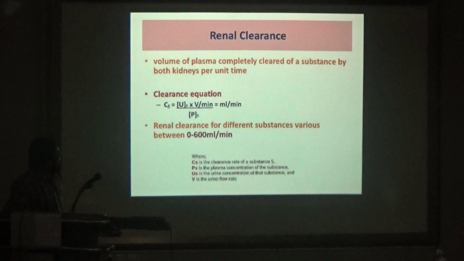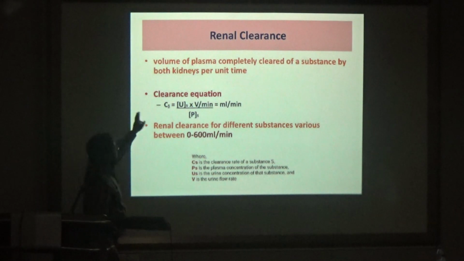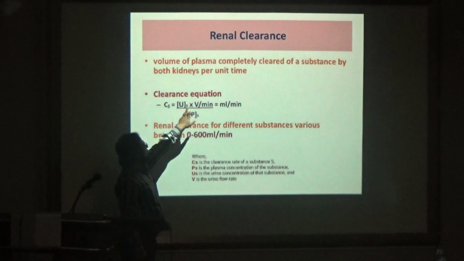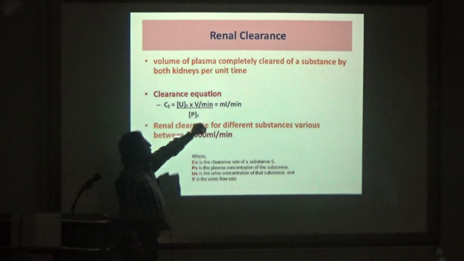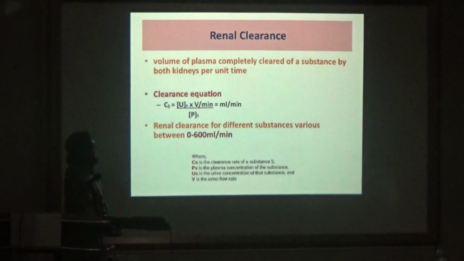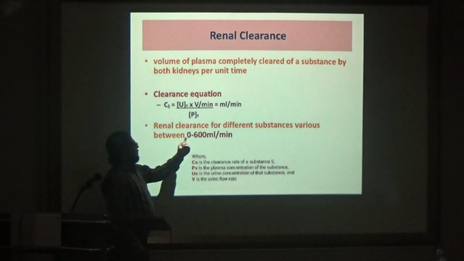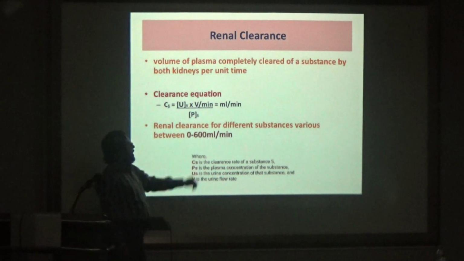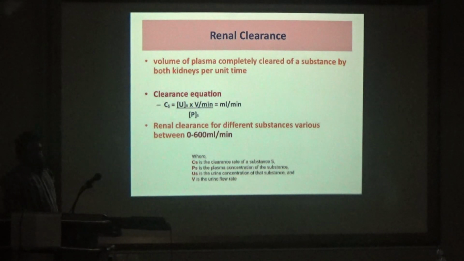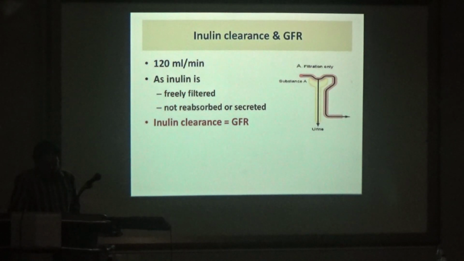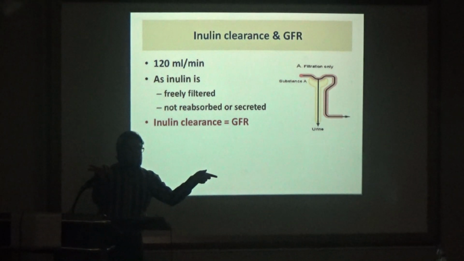Renal clearance is given by the clearance equation: urine concentration of the substance times urine flow rate, divided by plasma concentration. Renal clearance of a substance varies between 0 and 600 ml per minute. You can measure the clearance of any substance. Are inulin clearance and GFR the same or different?